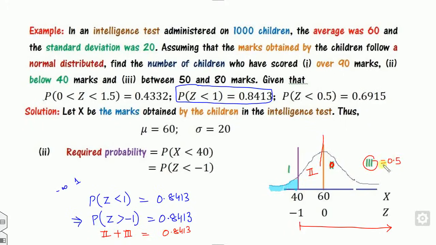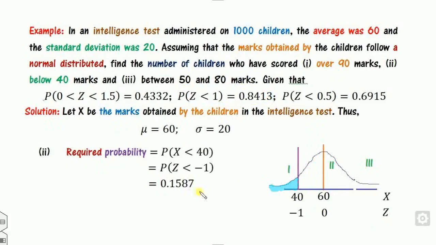On the right hand side is 0.5. Can you find the second one? Yes, you can subtract 0.5 from here. Now can you find the area of 1? You can again subtract 0.5 from here. So 0.5 minus this, you will get the required answer here.